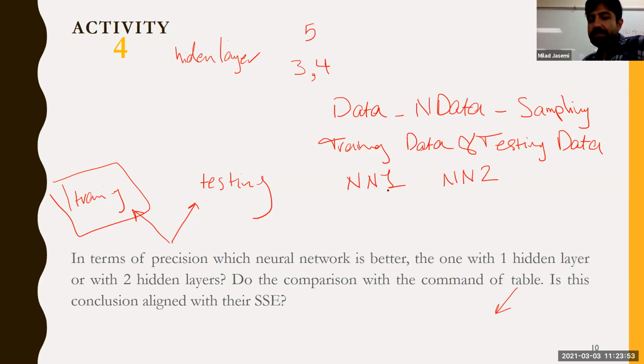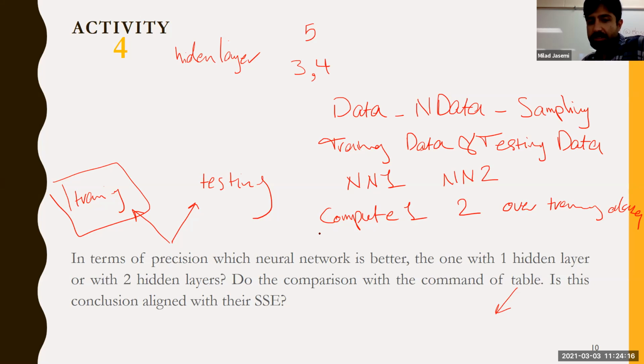Okay, and when you get these things, compute your neural networks 1 and 2 over training data. And when you get these two things, now you are ready to calculate the precision.